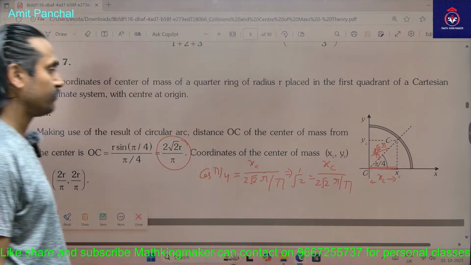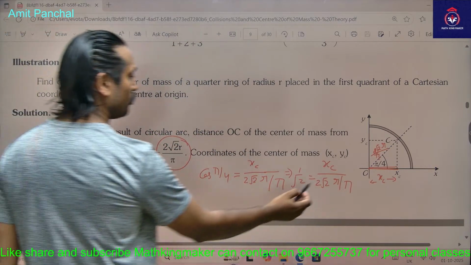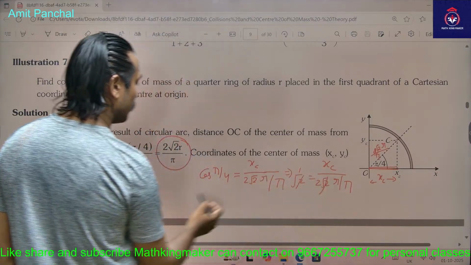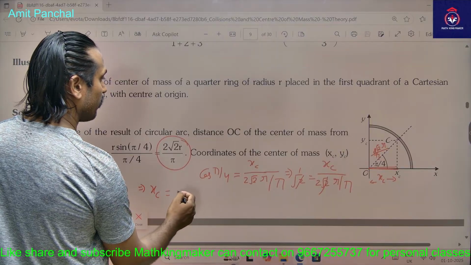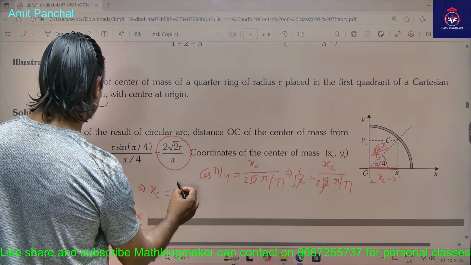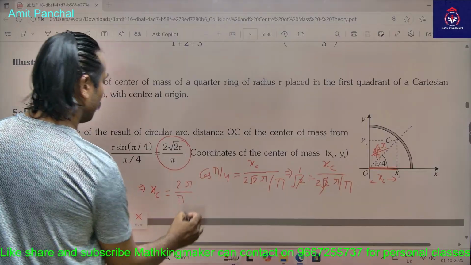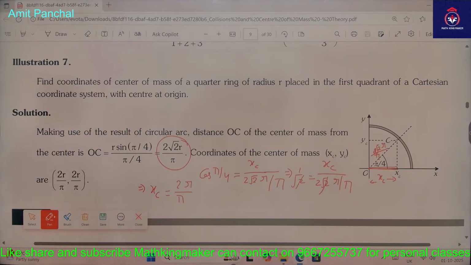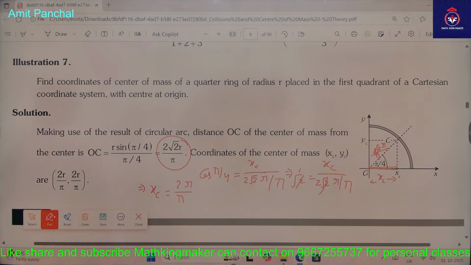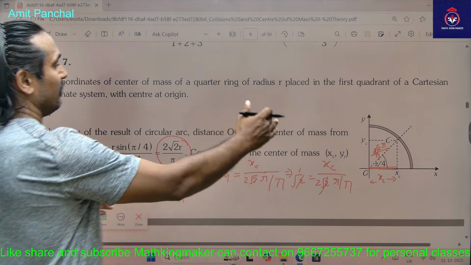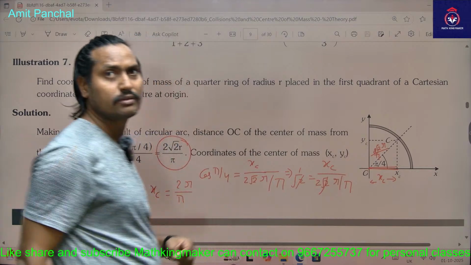Root 2 cancels, so now XC is 2r by pi. The formula we saw previously gives the distance between the center of mass and the origin.